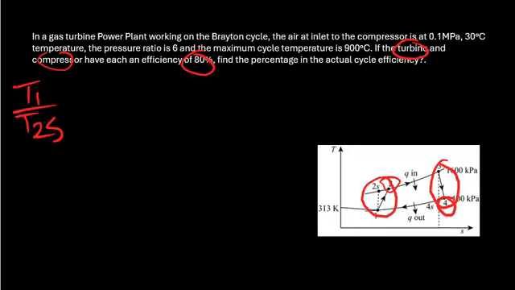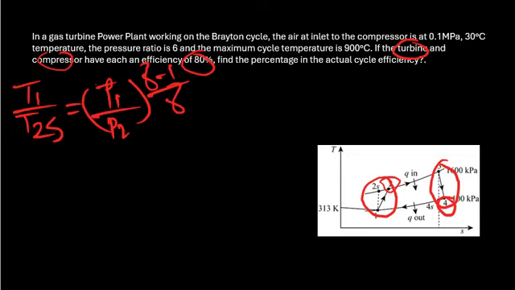From the relation, T2S over T1 equals P2 over P1 to the power of gamma minus 1 over gamma, we will easily get T2S.